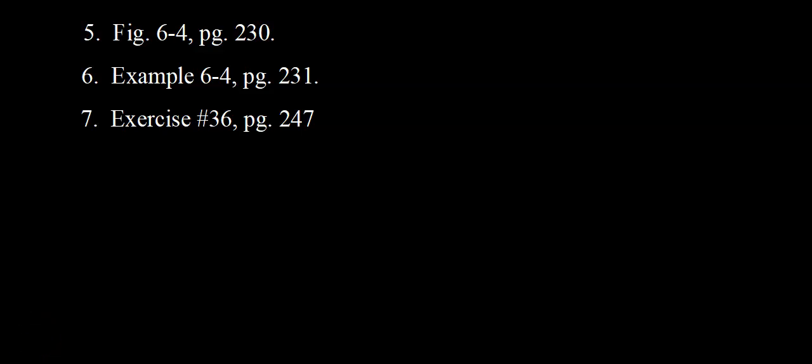Take a look on page 231, example 6.4. First three we're going to compare are calcium ion, potassium ion, and aluminum ion. Now right away you should see that aluminum ion is the smallest.